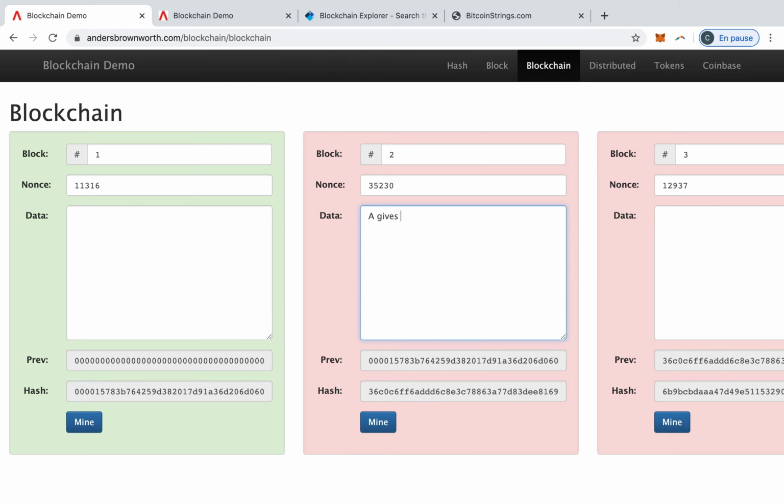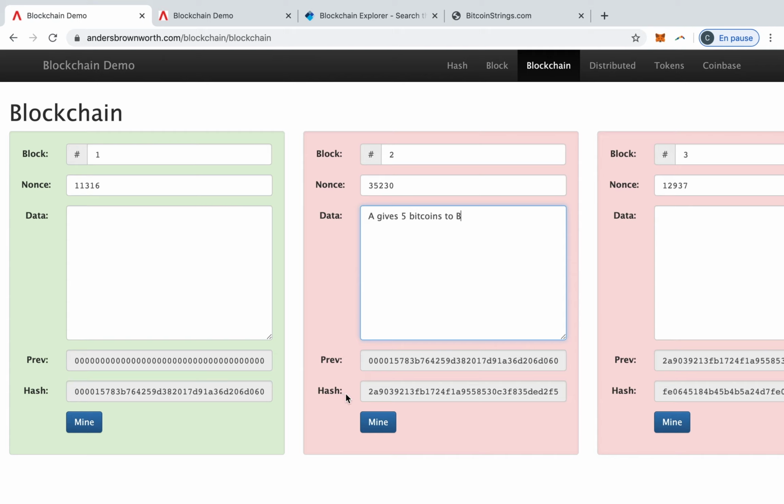So A gives, let's say, 5 bitcoins to B, transactions you pick in the network, transactions that occurred between peers of the Bitcoin community. You see, here there is the hash of the previous block, okay, here. And now the hash field will be the hash of the block, nonce, data, and previous block, okay? So just a little bit different.